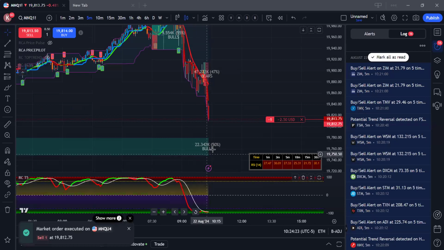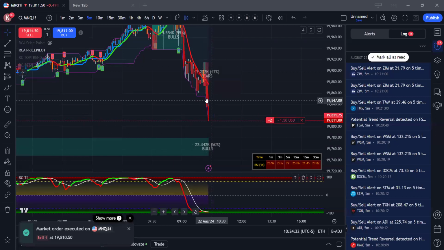Right, you have your buy order blocks here. So that will act as the magnet. It can come all the way down, touch that, and then start bouncing up.